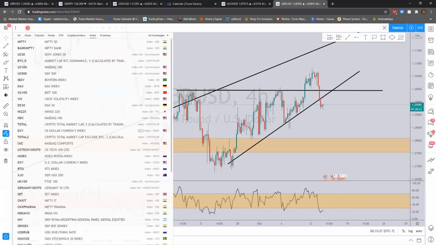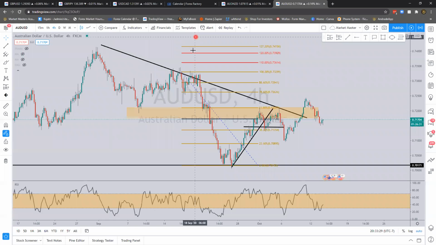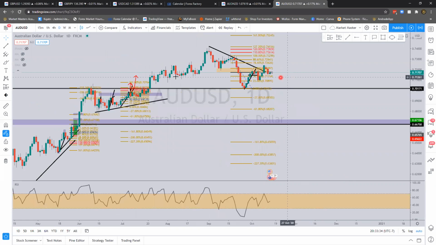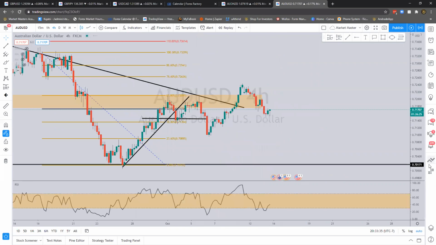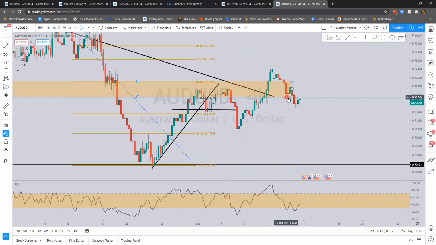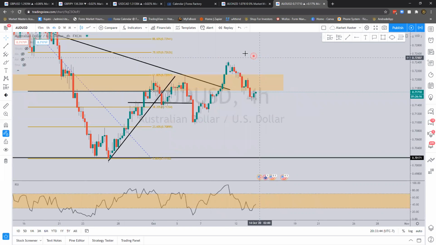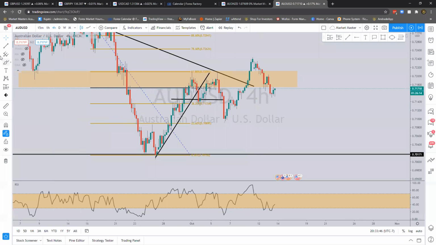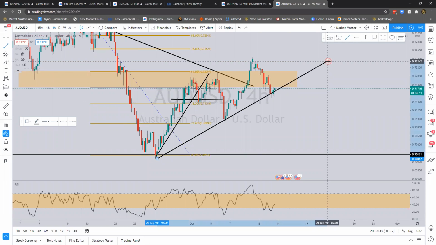Just gonna check out AUD USD. So with AUD USD, just looking at the price here, I had my fibs high to low, and price is at that 61.8 to 50% area. Price is below and should continue to drop down.